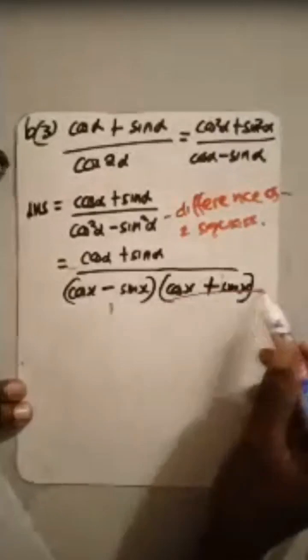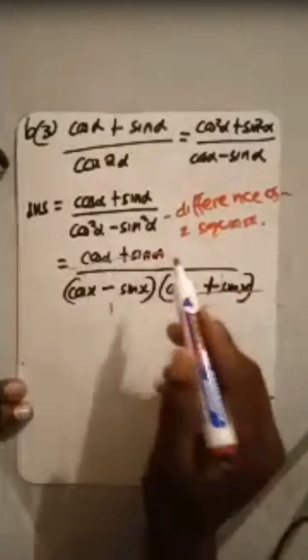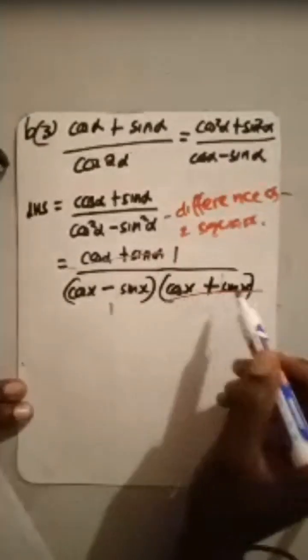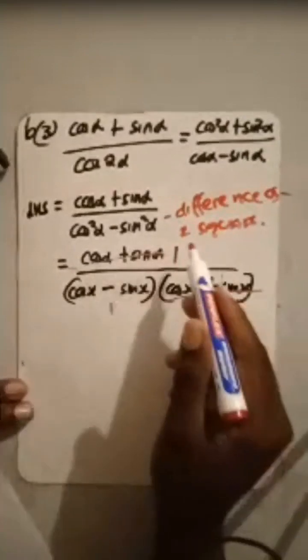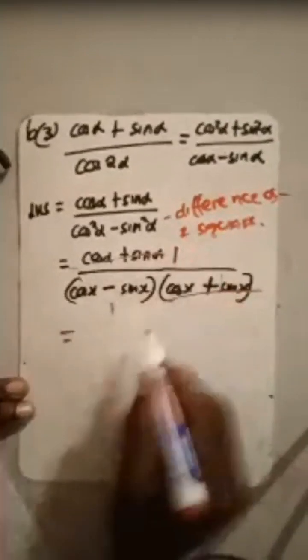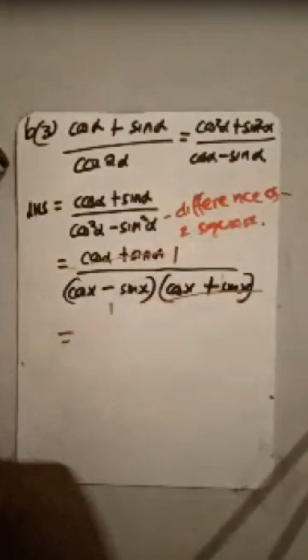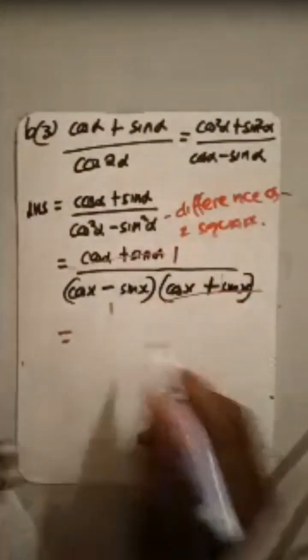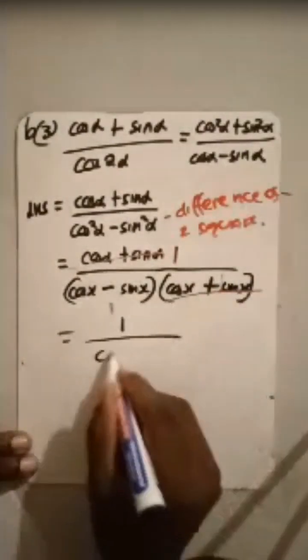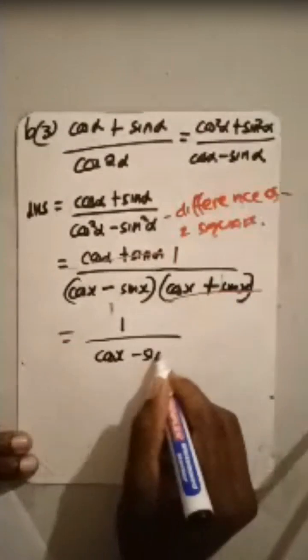Yes, that one and that one, such that you are left with 1. Cos x plus sine x divided by cos x plus sine x is 1. So now we are left with 1 over cos x minus sine x.